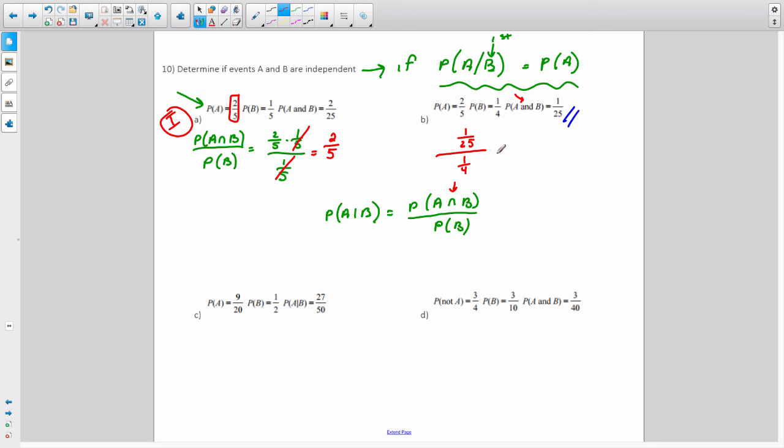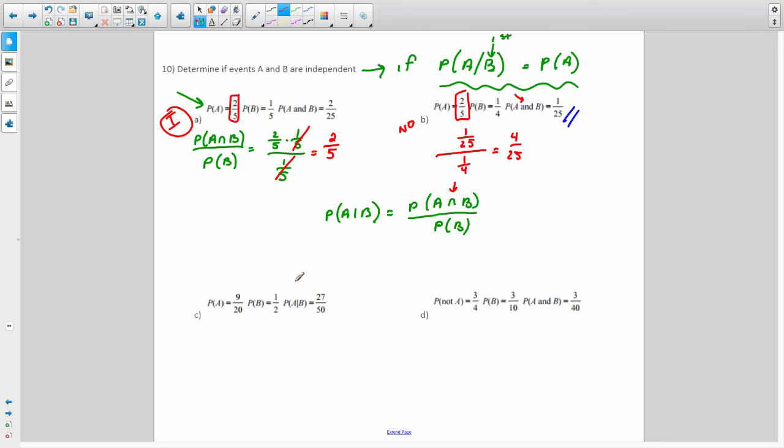Let's do that division and see what it comes out to. So right now my calculator, I'm doing that. I get 4 over 25. That is not A. So this is no. Okay, C.